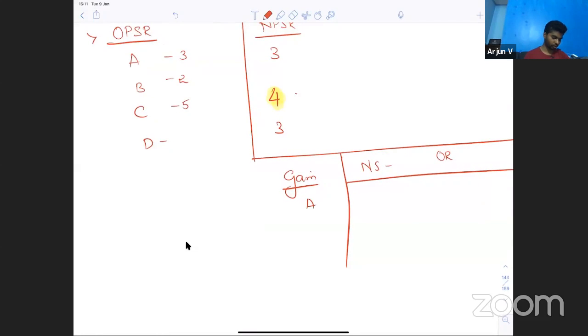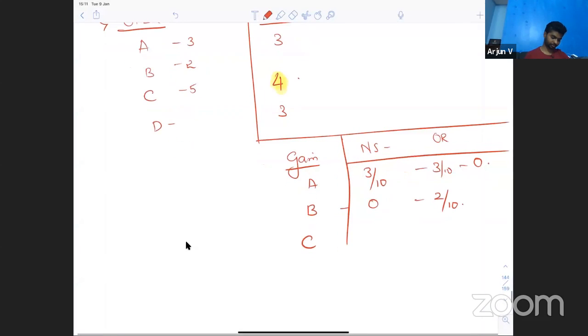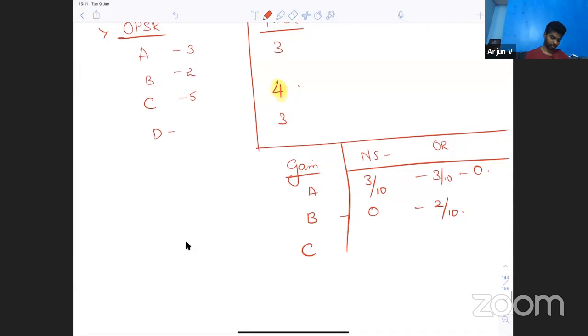For A, the old ratio was 3 by 10, and the new ratio is 3 by 10, so there is nothing. For B, he sacrificed 2 by 10. For C, old ratio was 5 by 10, new ratio is 3 by 10. So C sacrificed 2 by 10 and B sacrificed 1 by 10.